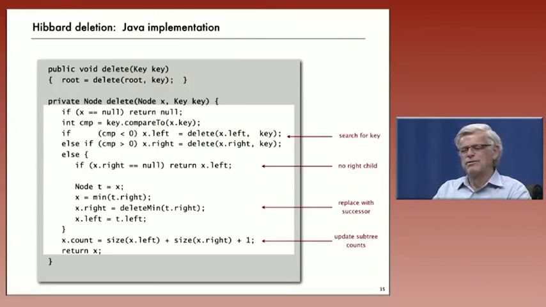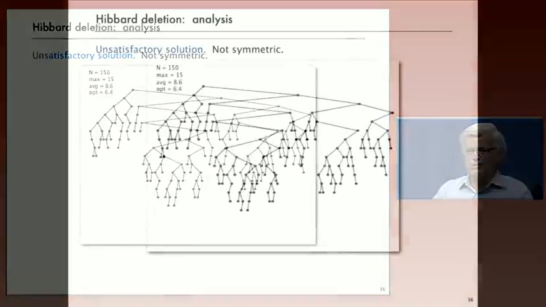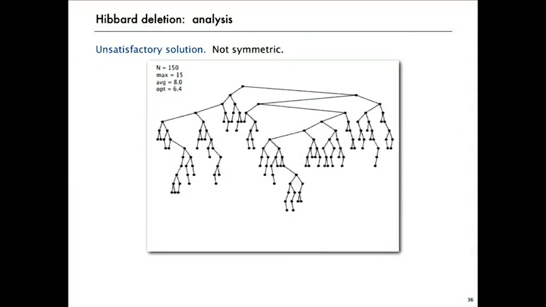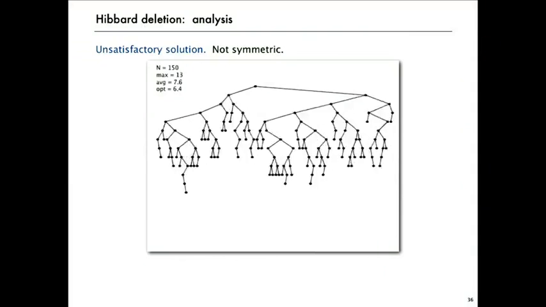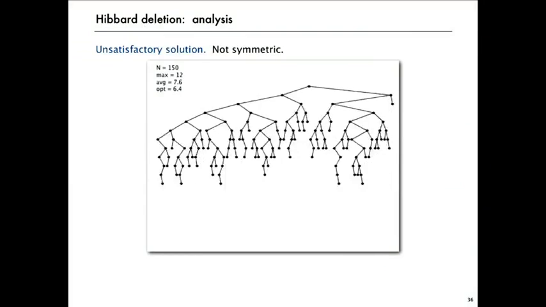The number of nodes that we have in the tree is always proportional to the number of key value pairs in the symbol table. And the problem is, and this was quite a surprise when it was first discovered, actually many years after Hibbard proposed the algorithm, this lack of symmetry tends to lead to difficulties.